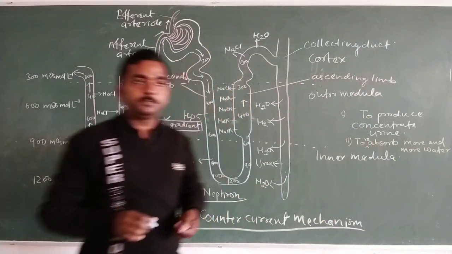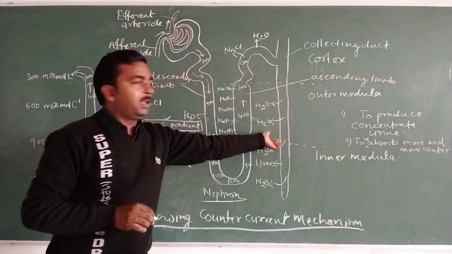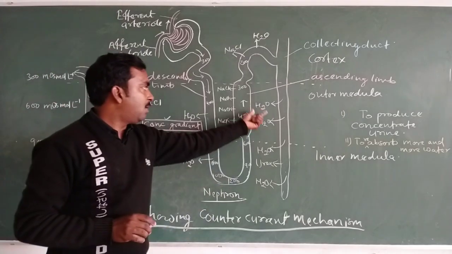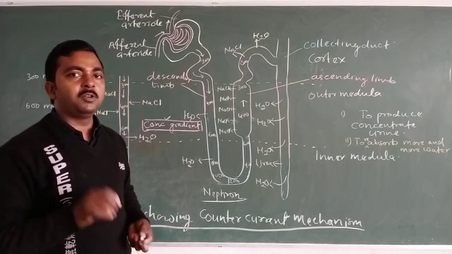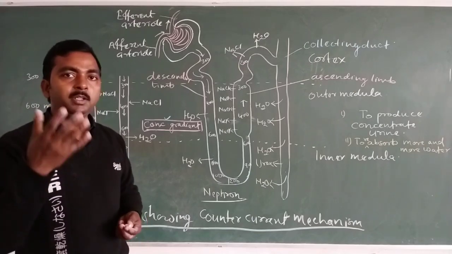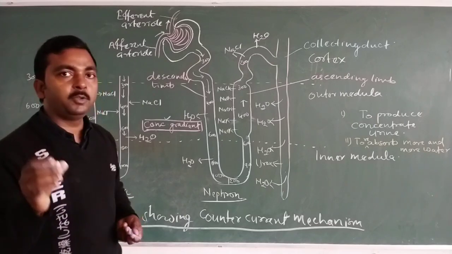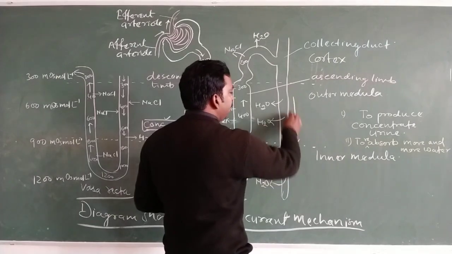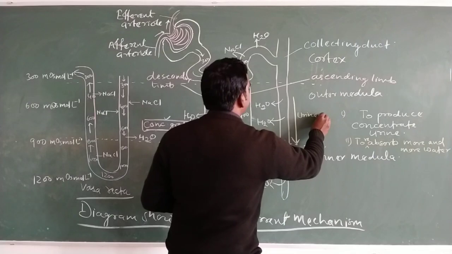Especially the reabsorption of water takes place from the collecting duct region, and due to the reabsorption of a large amount of water, the urine becomes concentrated as it passes along the collecting duct.